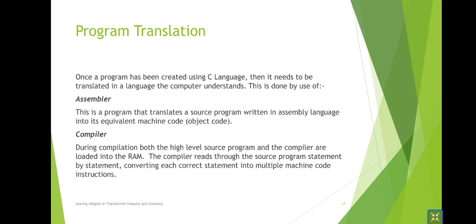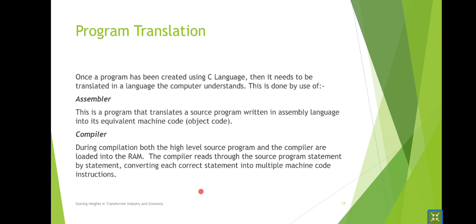So as I had mentioned, the compilers come together with the language, so we don't need to bother how it is done. Once you write your program, you just click a button in the software that you're using, and the program is compiled for you.